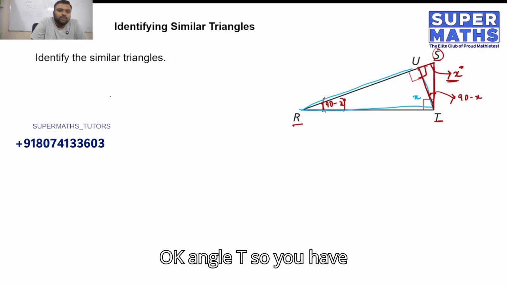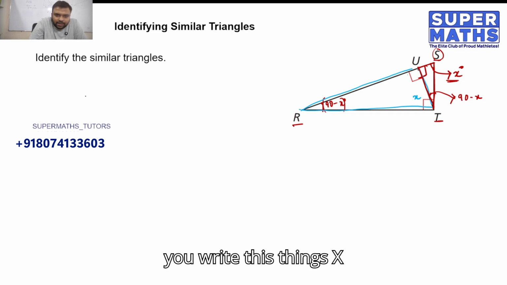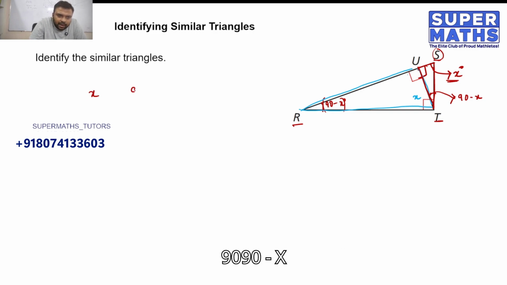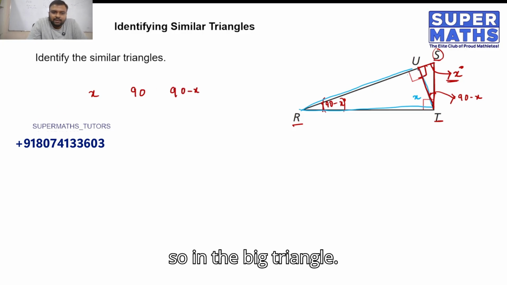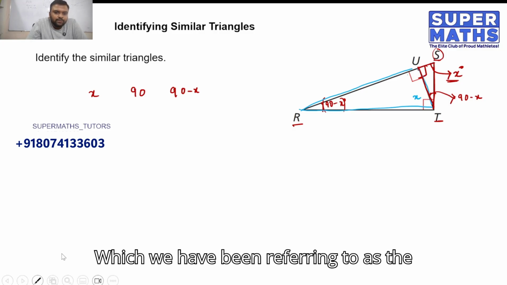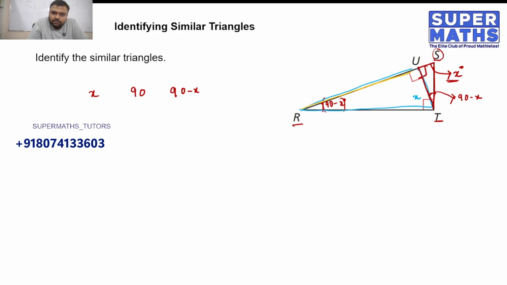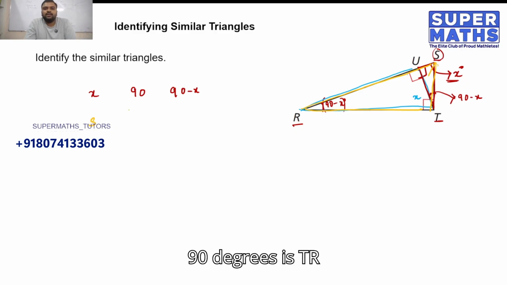You write these things, X, 90, 90 minus X. So in the big triangle, which we have been referring to as the yellow triangle, X is S, 90 degrees is T, R is this one.